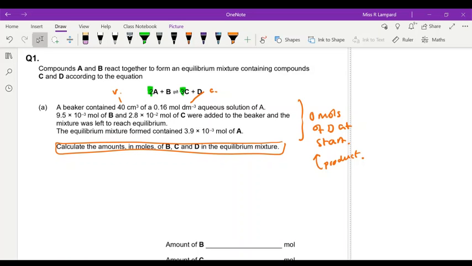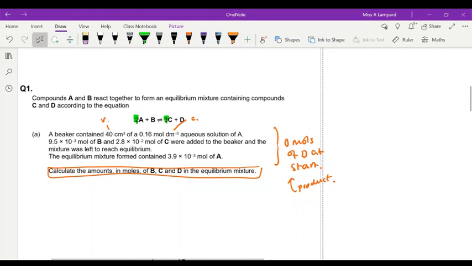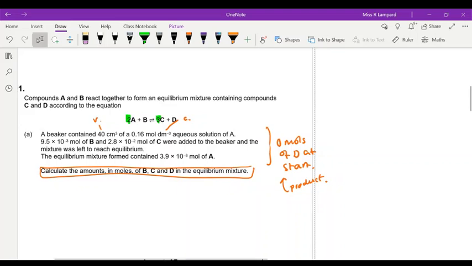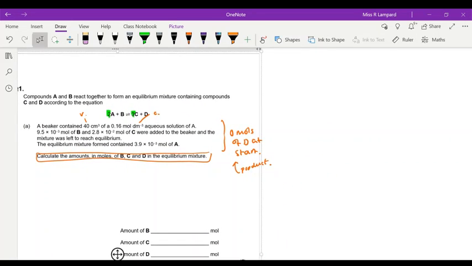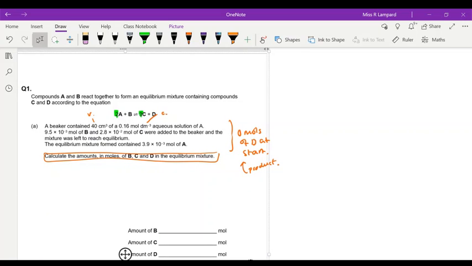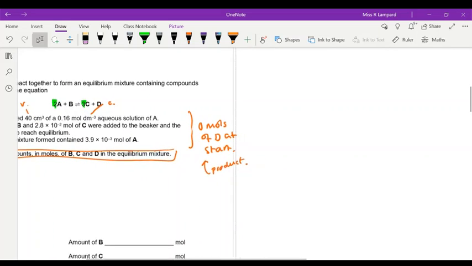Now I'm just going to bring, so perhaps you've opened this document so you can still see the notes, I'm just going to bring it across here so we've got plenty of room to do some working out. Now, when we're setting up these questions, I would always write the expression at the top.